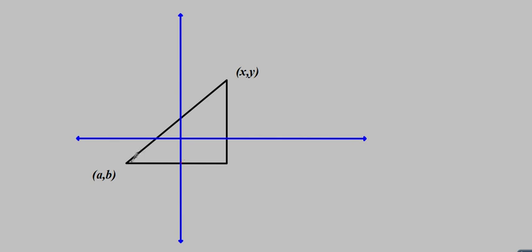So let's say that this is the point (a, b) and this is the point with coordinates (x, y). It can be seen that the vertical distance is y minus b and that the horizontal distance is x minus a.